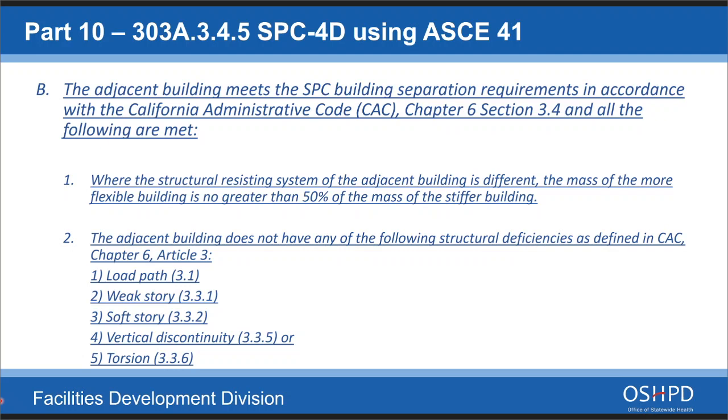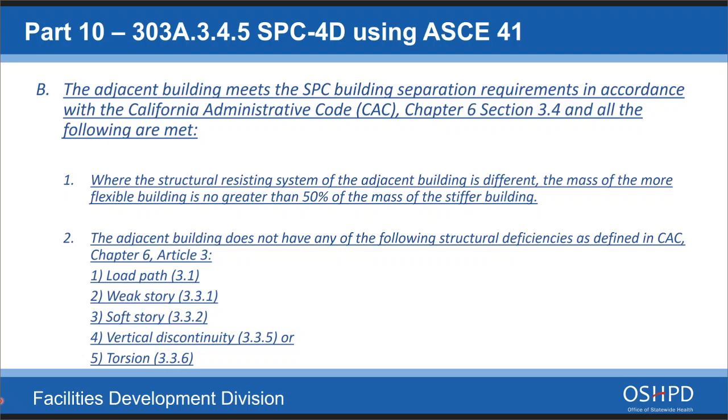And then the second criteria was that you do not have what's called a fatal flaw in a building, such as load path, weak story, soft story, vertical discontinuity, or torsion. If your building has any of these vulnerabilities, then it is susceptible to collapse in an earthquake.